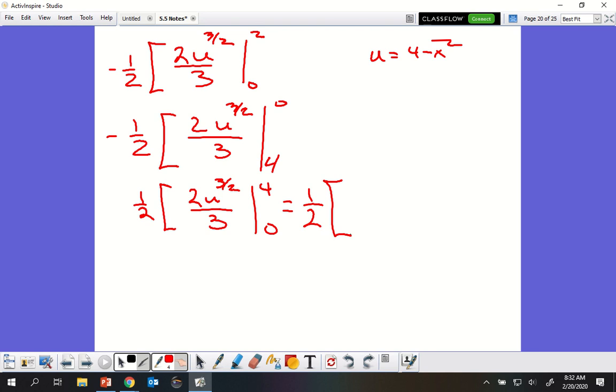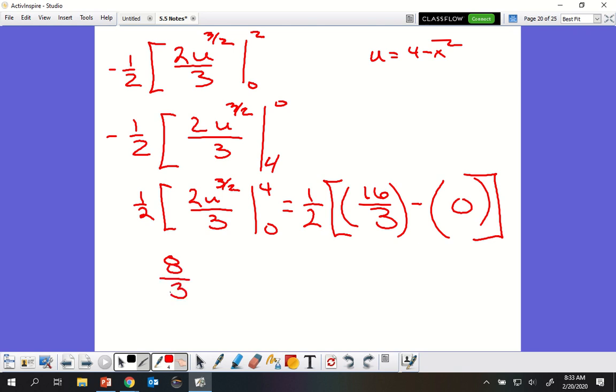So I have a positive 16 over 3 minus the bottom, which is going to be 0. So we're left with just 16 over 3 times my k, which is 1/2, giving me a positive 8 over 3.